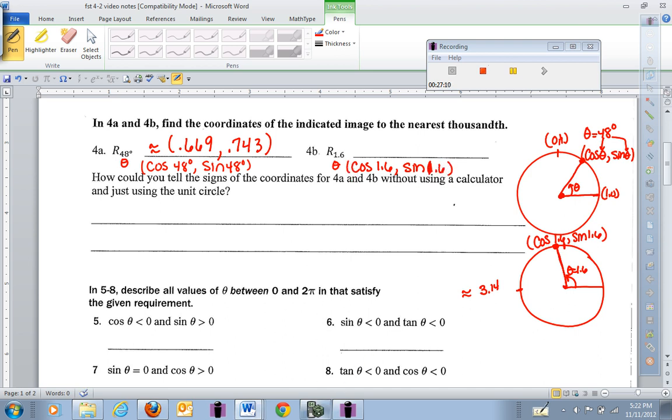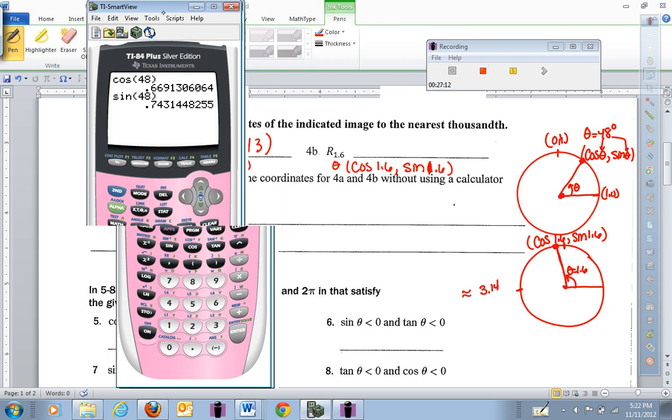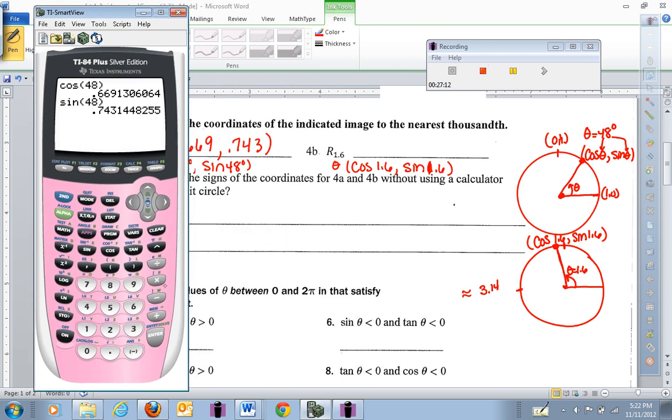Alright, well I'm going to have to change my calculator out to radians in order to do this problem. Okay, I'm going to go to my mode, change this to radians, and I'm going to get the cosine of 1.6. Cosine is to 3 decimal places, negative 0.029.